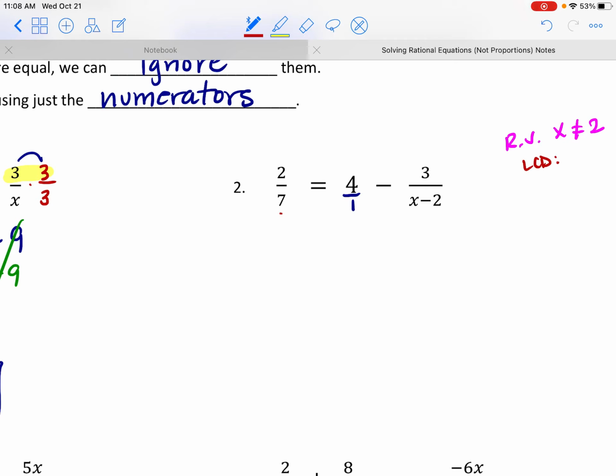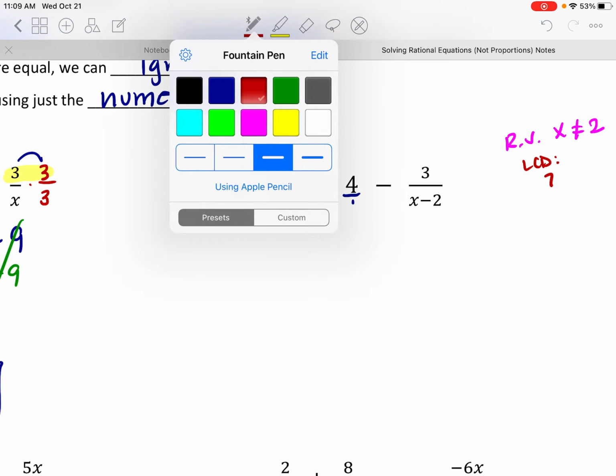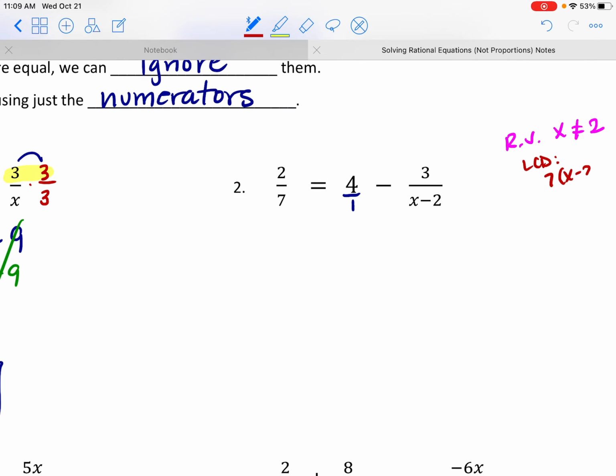So we're looking at a 7 and a 1 for the single terms to look at first. So that means a 7 has to be in the LCD. And then remember, binomials are considered separately. So if I have an x minus 2 there, I'm going to have an x minus 2 in my common denominator. So 7 times x minus 2 is it. So my first fraction has to be multiplied by the x minus 2 over x minus 2.